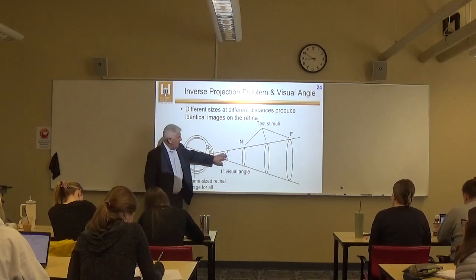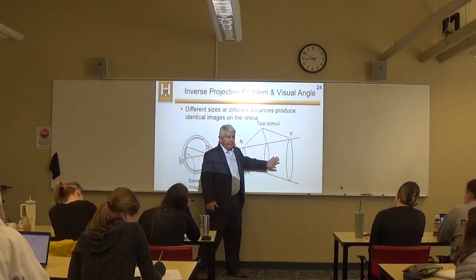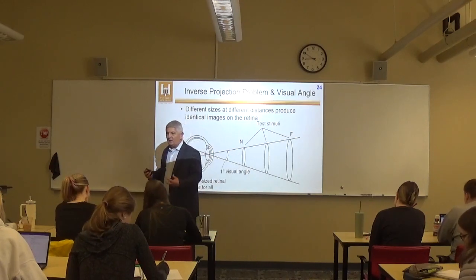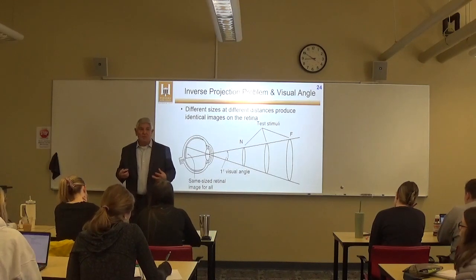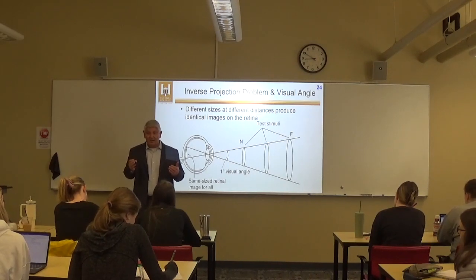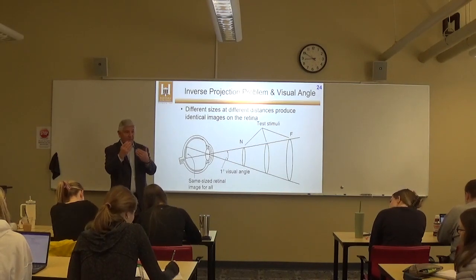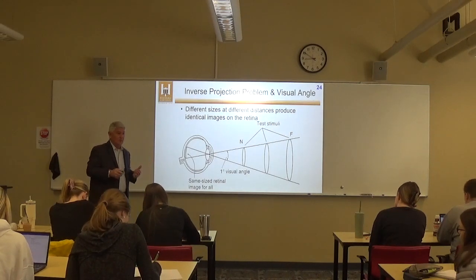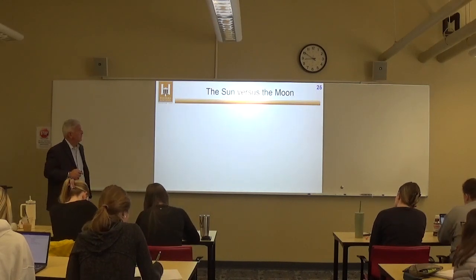So how do we know that this one is closer and this one's further away? We need other cues. And movement, the fact that just small movements of our eyes can tell me if something's closer or far away based on how much it moves.